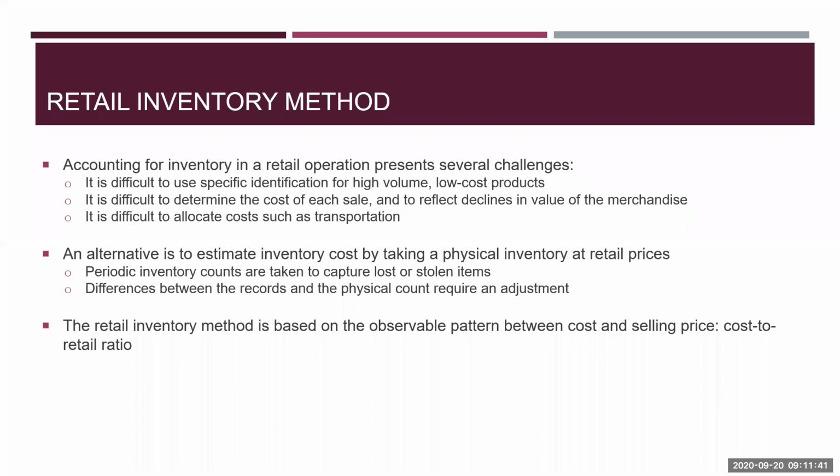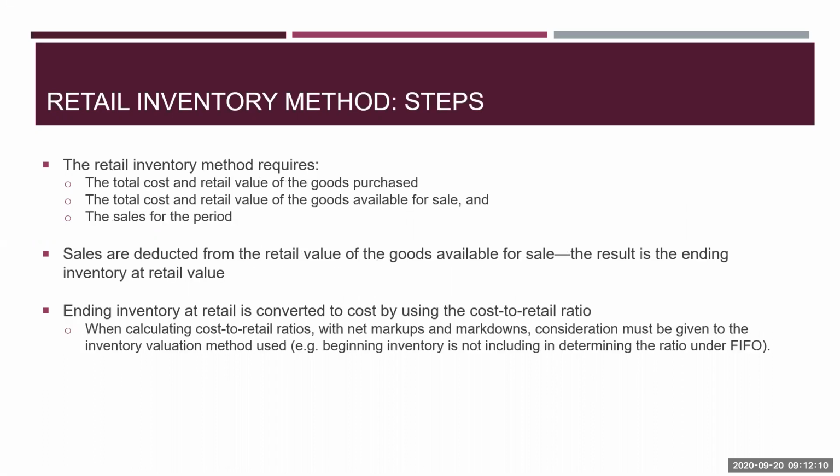We will use periodic inventory counts to capture lost or stolen items. We are not replacing the physical counts; differences between the records and the physical count are required as an adjustment. The retail inventory method is based on observable patterns between cost and selling price, which we call the cost to retail ratio.